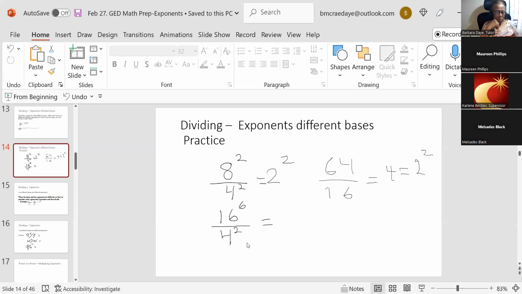Because you said your TI-30 wasn't working, right? So 16 to the sixth power. Mercedes, you're on your calculator, right? Yes, miss. What did you get for 16 to the sixth power? 16,777,216. Okay, let's see.